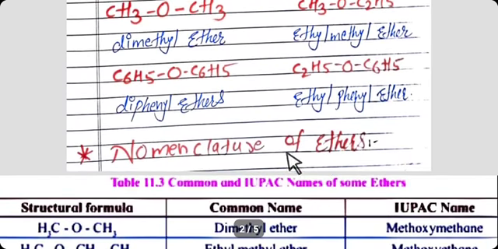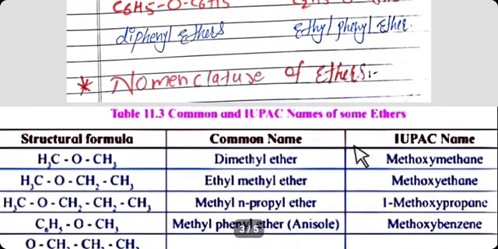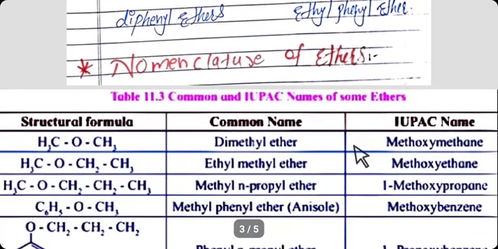Next topic is nomenclature of ether. As all of you know, students, there are two methods for the nomenclature of any organic compound. One is common name and another is IUPAC name.